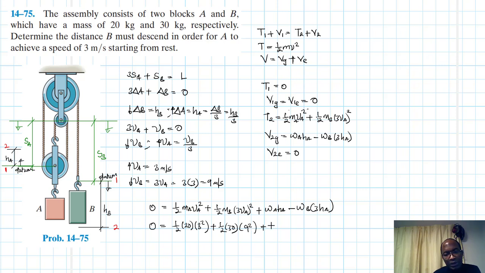Then plus WA is just a 20 by 9.81 by HA, okay, then minus 30 by 9.81 by 3HA.